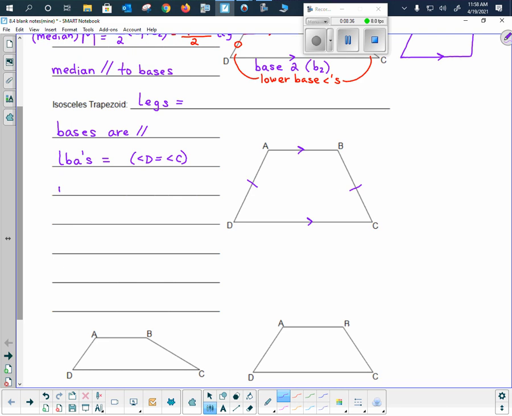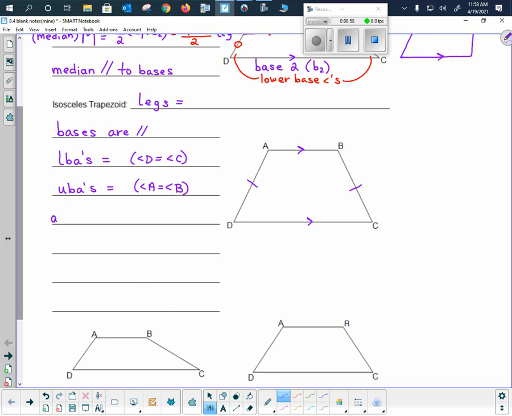And then my upper base angles are also going to be equal. That's the property. So specifically in this one, that would be what? Angle A would equal angle B. Okay, well then we can be a little more specific than we were in the trapezoid.